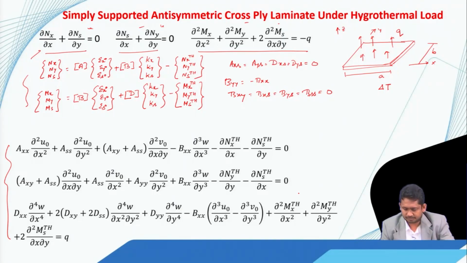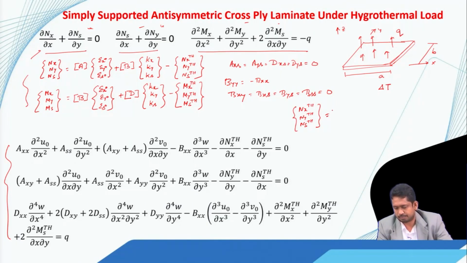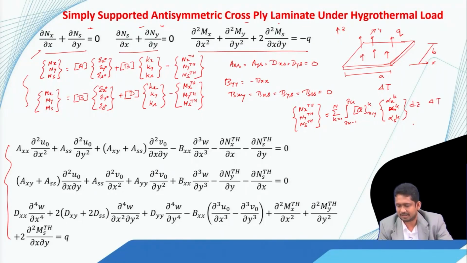Now, we know that Nx, Ny, Ns under the thermal and moisture effect is equal to summation k is equal to 1 to n, integral from zk minus 1 to zk, of Q matrix for each ply in the xy system, and alpha x for kth ply, alpha y for kth ply and alpha s for kth ply, dz, and it is multiplied by delta T. Now, since it is a cross ply laminate, each ply has orientation either 0 or 90.